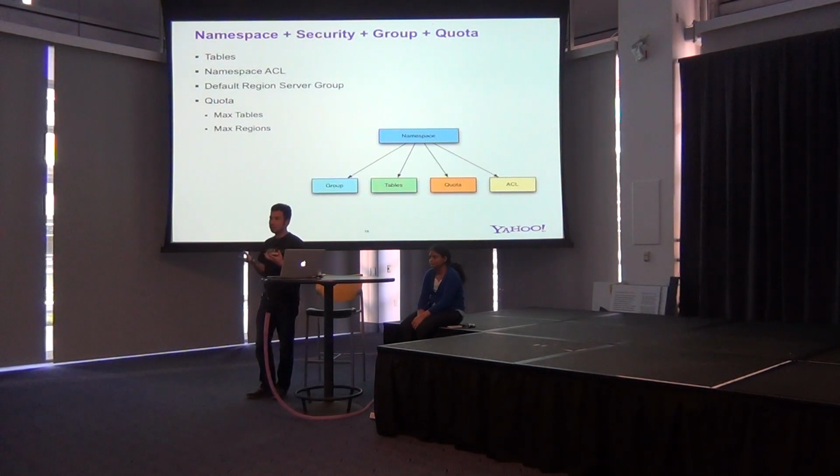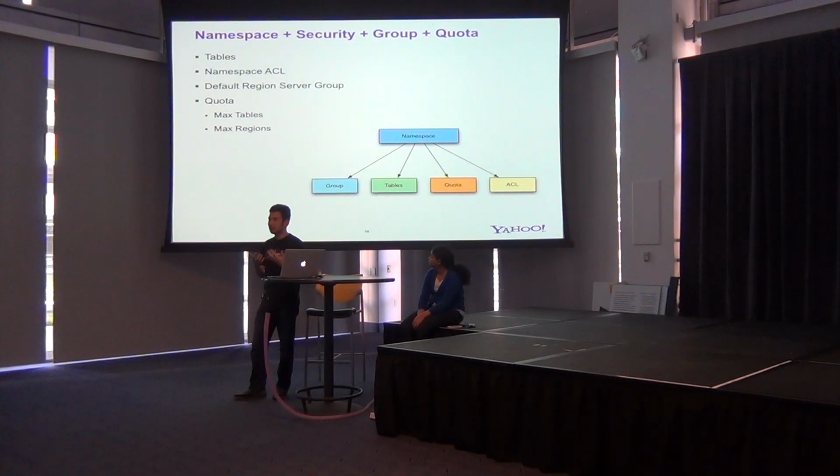So tying all of this together, you have security, you have groups, you have namespaces, but there's no clear way of grouping them together. So what we've done is we've made security aware of namespaces, groups aware of namespaces, and we've added quotas into namespaces.